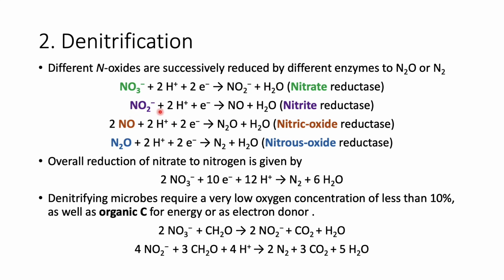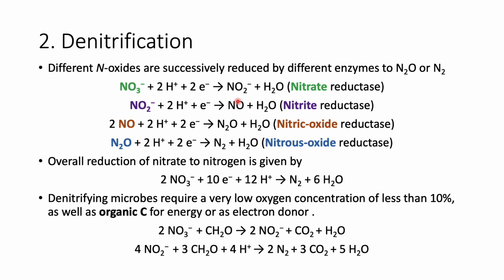The nitrite ion then reacts with another 2 hydrogen ions and 1 electron to give nitric oxide. This is basically a radical, and this releases a water molecule. Then 2 nitric oxide molecules react with 2 protons and 2 electrons to give nitrous oxide and water. The nitrous oxide then reacts with 2 hydrogen ions and 2 electrons to give nitrogen gas and water.